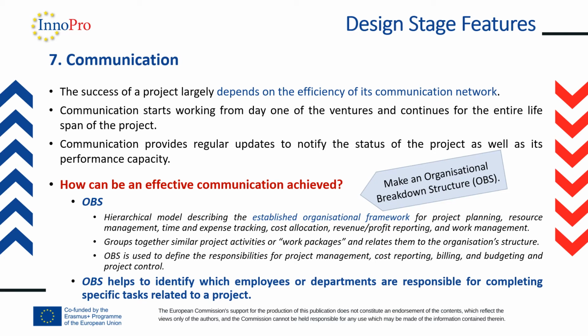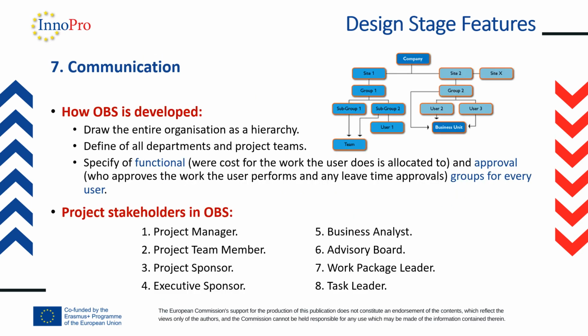So it means that the OBS, or organizational breakdown structure, definitely helps us to identify which employees or departments are responsible for completing specific tasks related to our project. And how to develop an organizational breakdown structure? Definitely as a hierarchy.